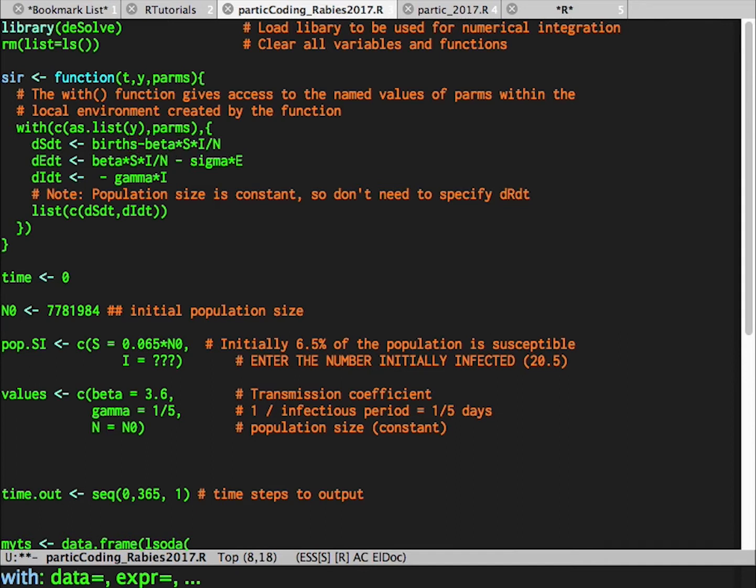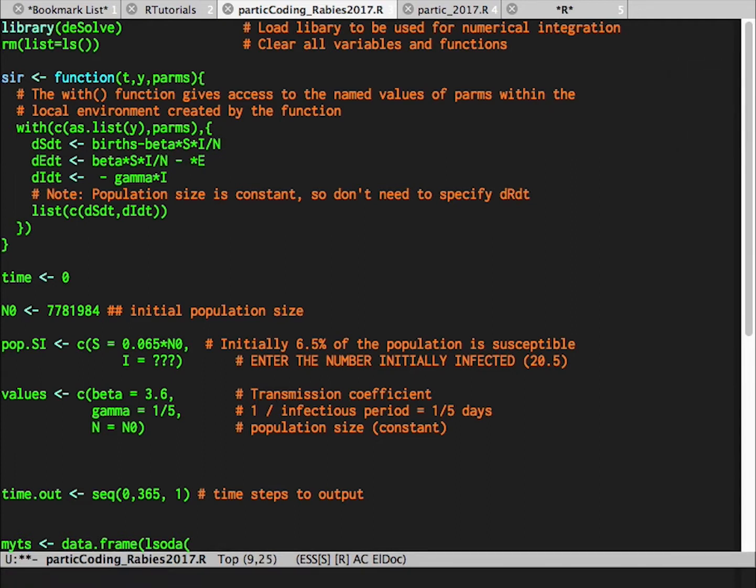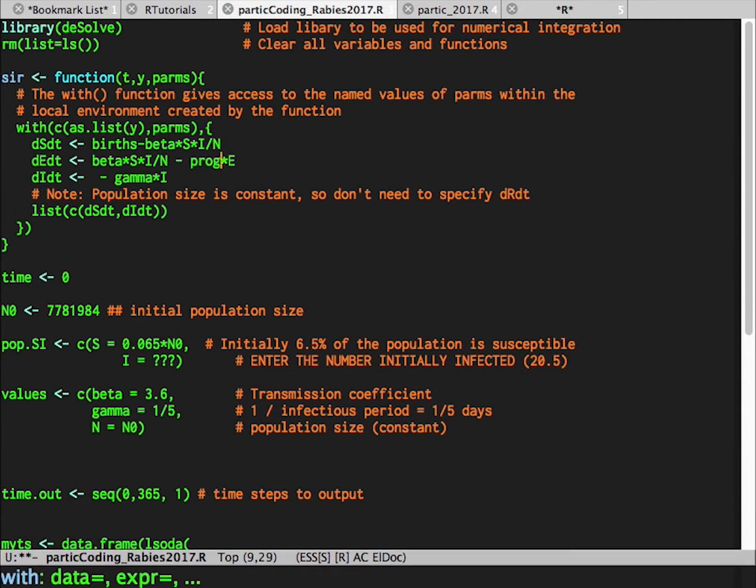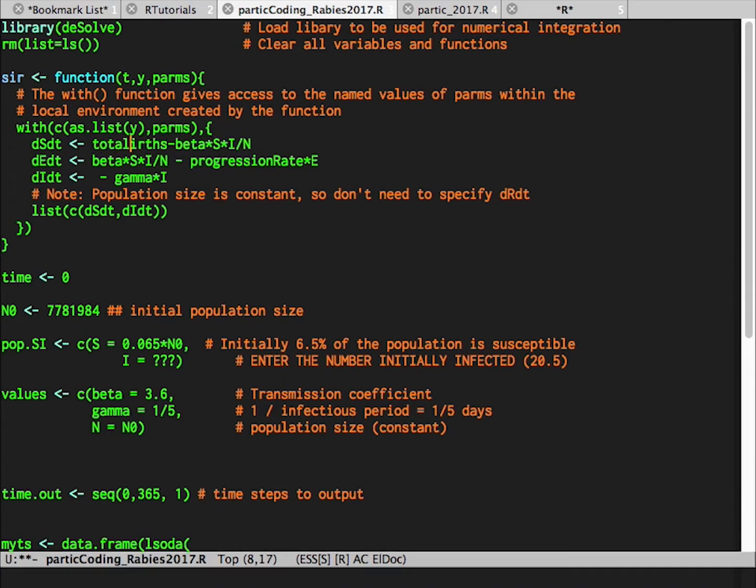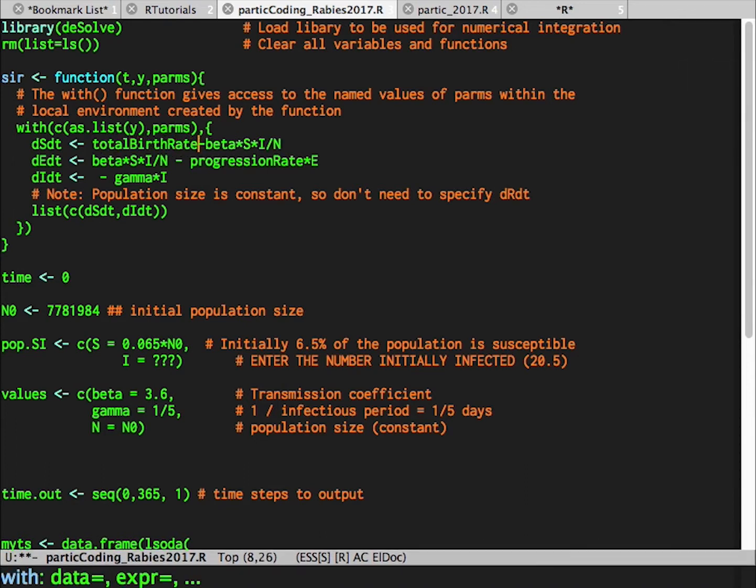Okay, let's make this more readable. And even over here, let's call this progression. Thank you. Okay, progression rate, and this is births because it's not a rate. It's actually the total birth rate. Total birth rate, and then beta.